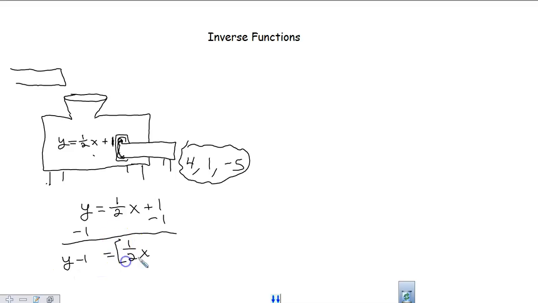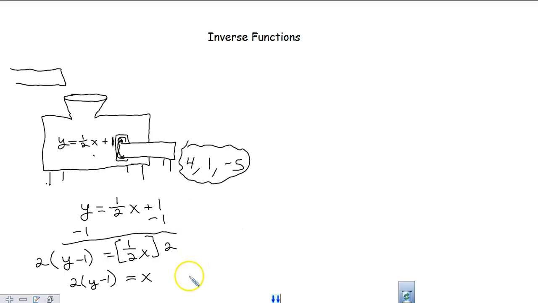And then I'm going to multiply by 2. Then my answer is going to be x equals 2 times y minus 1. And that's going to give me what I originally started with, right? Because I started with x values and it's spitting out y values. That's how my function was originally set up to run.